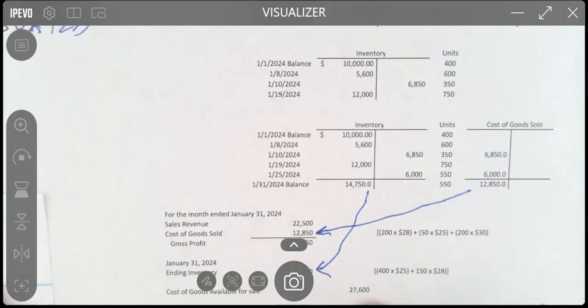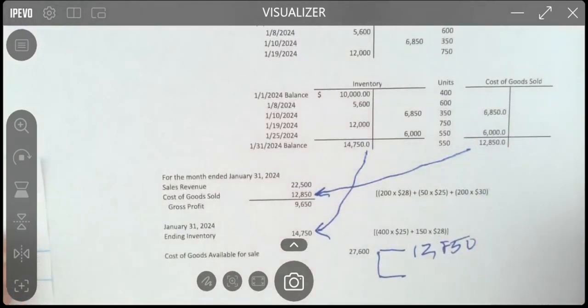Notice the cost of goods available for sale was still $27,600. But the cost of goods sold was $12,850, and ending inventory was $14,750.